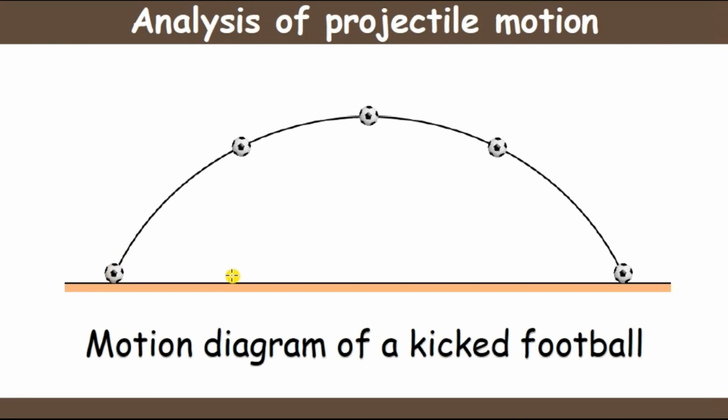Do remember, in the horizontal direction, the motion the object has throughout the space is going to be maintained uniformly. So whenever you have a projectile motion, the horizontal component associated with that will remain constant.